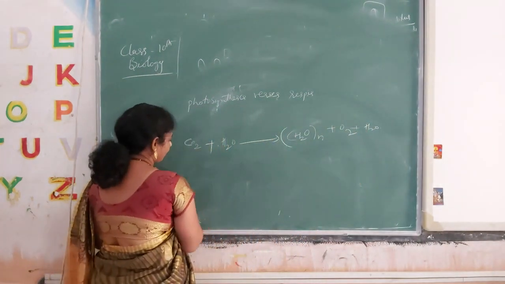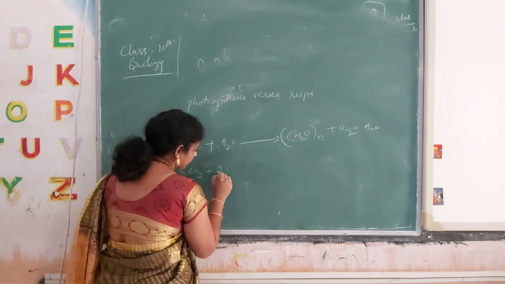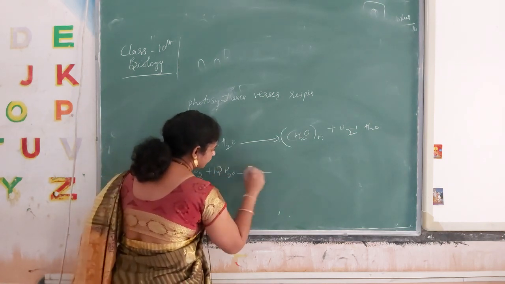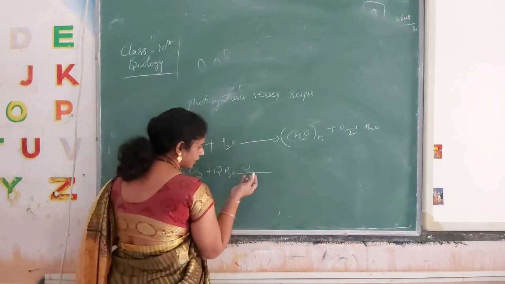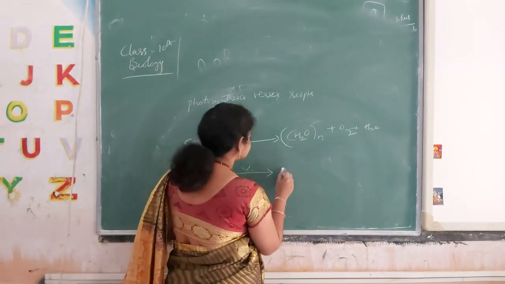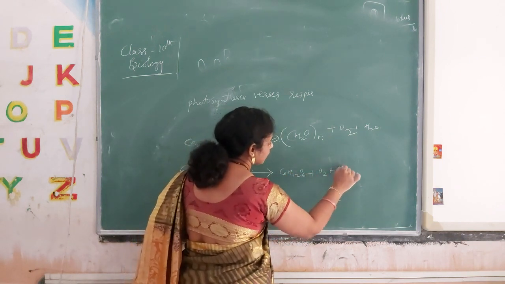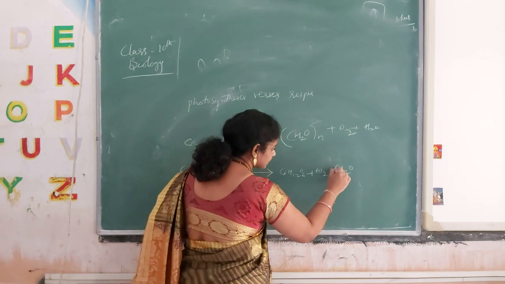See here now, 6CO2 plus 12H2O in the presence of sunlight will give rise to C6H12O6 plus 6O2 plus 6H2O.